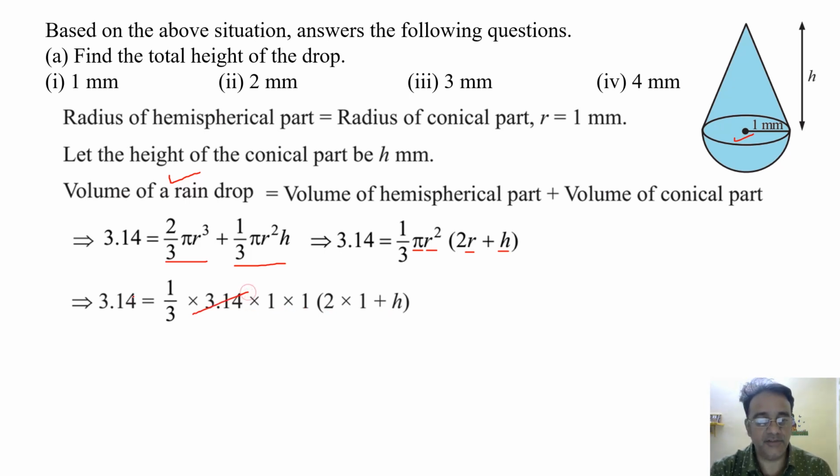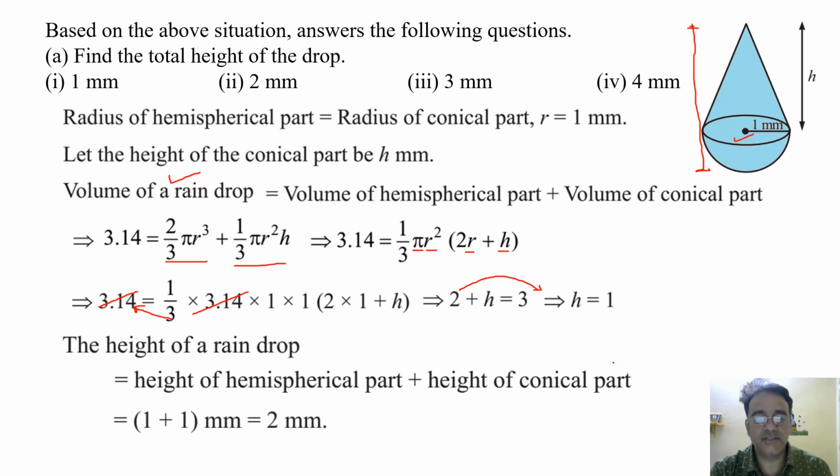So here 3.14 will be cancelled, and what we are going to get, 3 will cross multiply, so we'll get 2 plus h is equal to 3, and finally we'll get h is equal to 3 minus 2, that is 1 millimeter. So the height of the raindrop will be equal to h plus r. H we got 1 and r is also given 1, so 1 plus 1 is 2 millimeter. So the correct option is 2 millimeter, right?